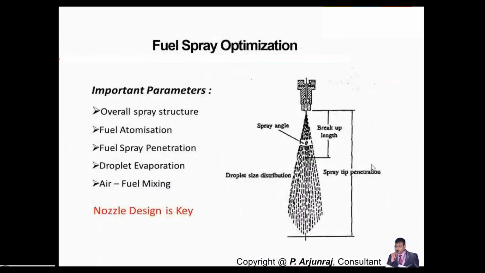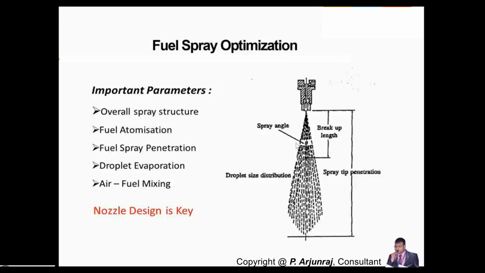With respect to fuel spray optimization, the nozzle design is very important. Why? Because it influences the spray pattern, and it also helps the atomization of the fuel, the spray penetration, or what the penetration of the fuel should be, the droplet evaporation, and the air-fuel mixing.